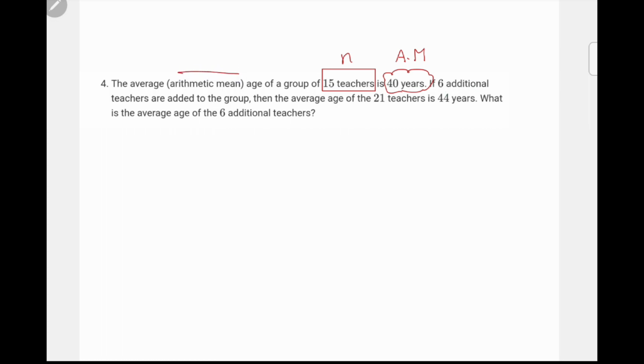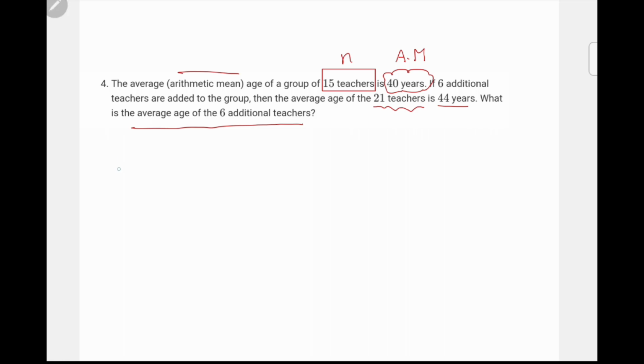If 6 additional teachers are added to the group, then the average age of the 21 teachers is 44 years. This is after the addition. What is the average age of the 6 additional teachers?